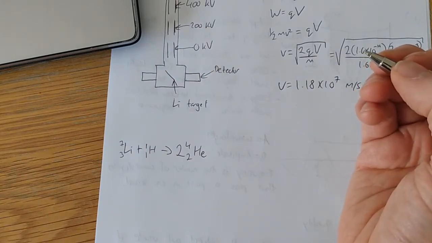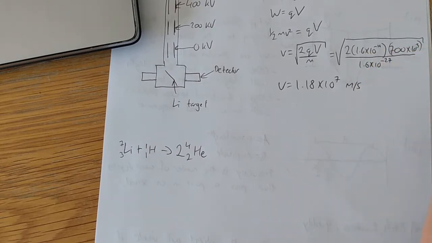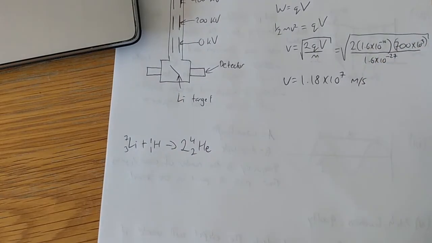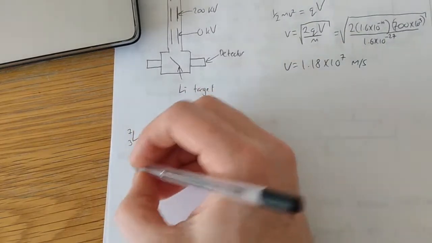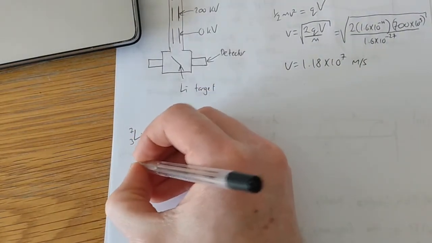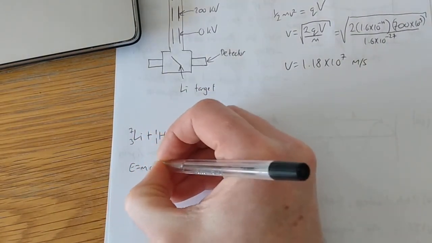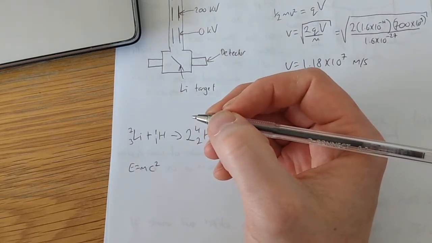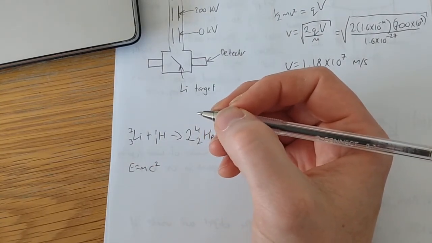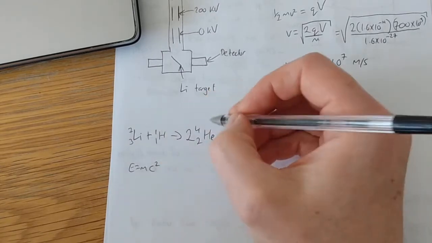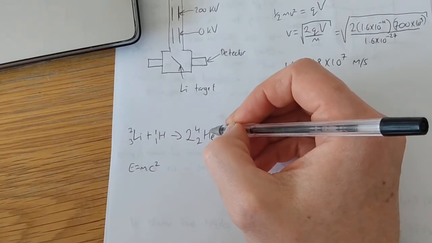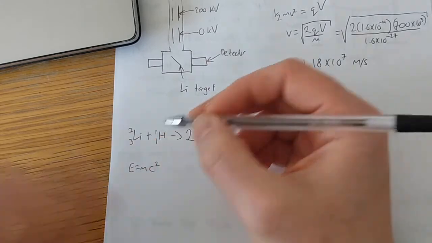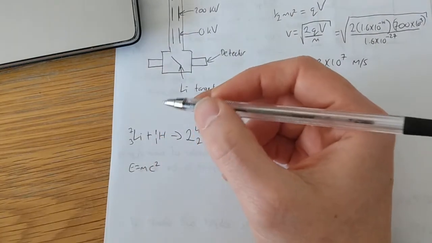Okay, calculate the energy released in this disintegration. So this is mc squared stuff. Are you still following me? So energy is equal to mass times the speed of light squared. So what I need to know is the energy before and the energy afterwards.